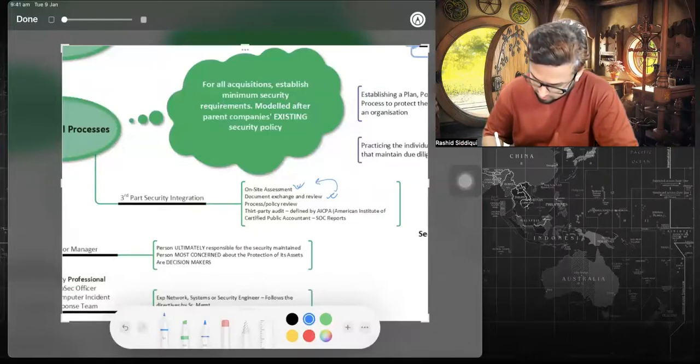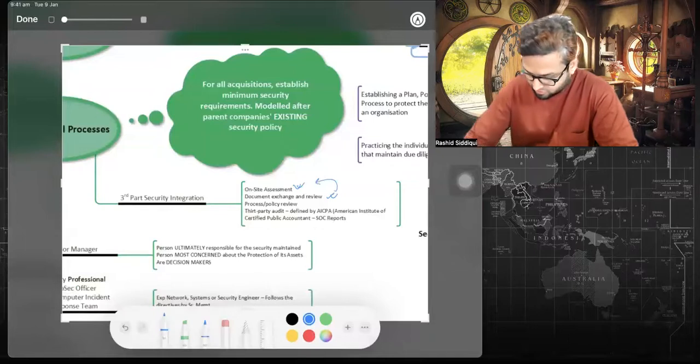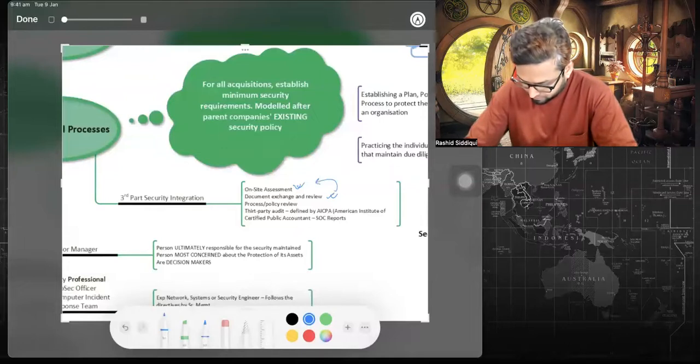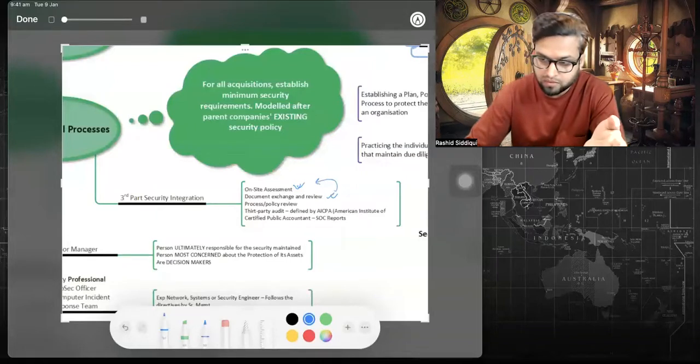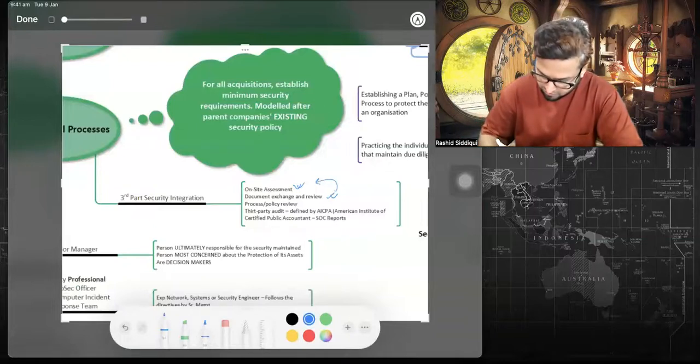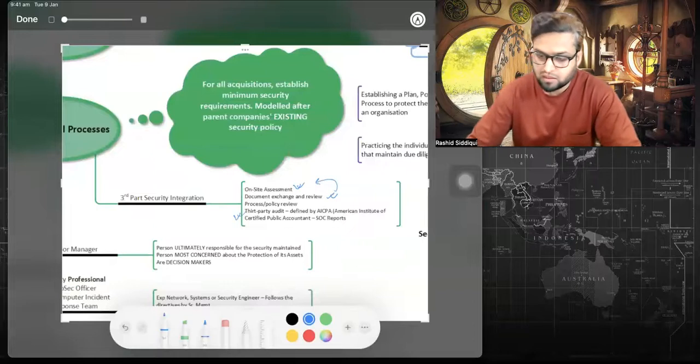A third-party audit may be required by AICPA, which is the American Institute of Certified Public Accountants. They don't produce audit reports, actually; they provide a kind of format, and companies produce SOC reports for other companies who want services from them. So this is also something which we consult.